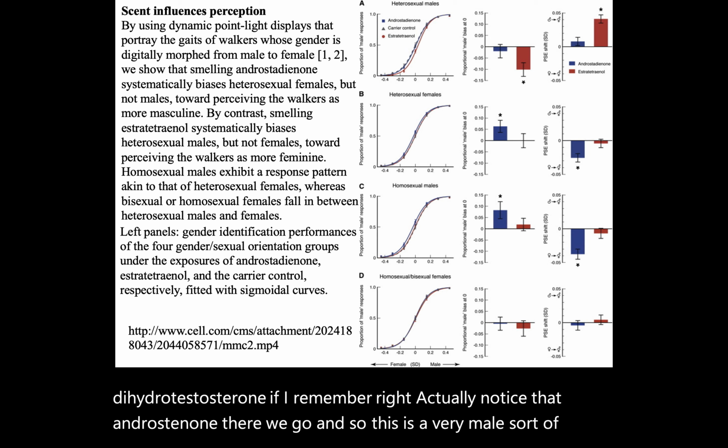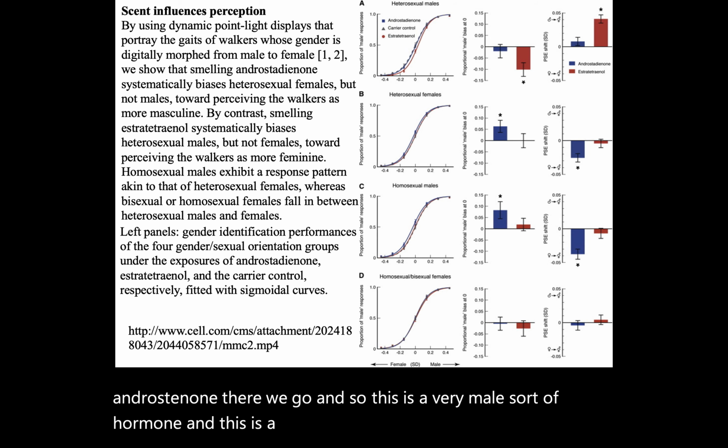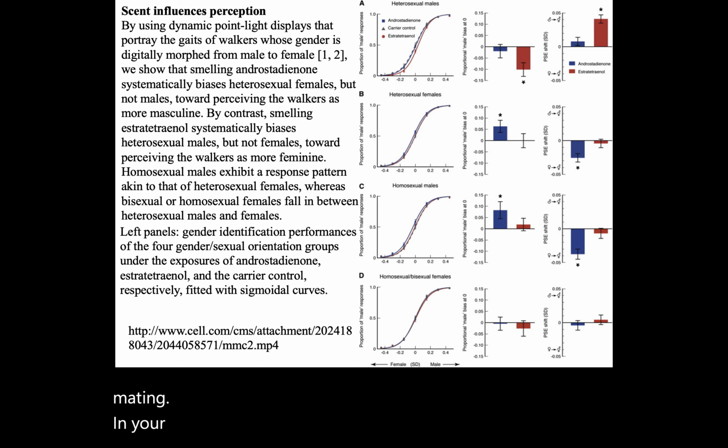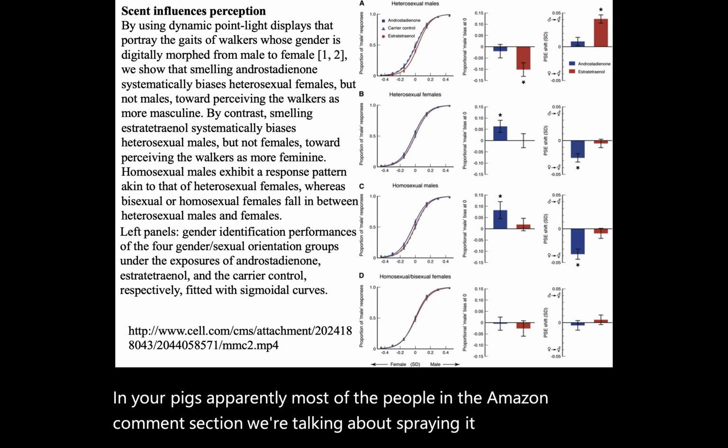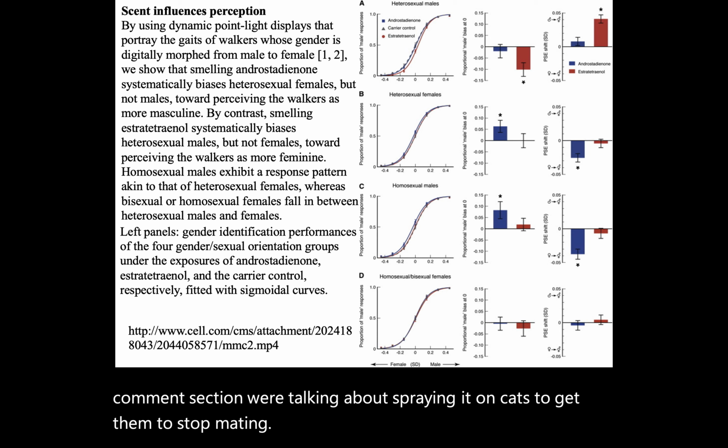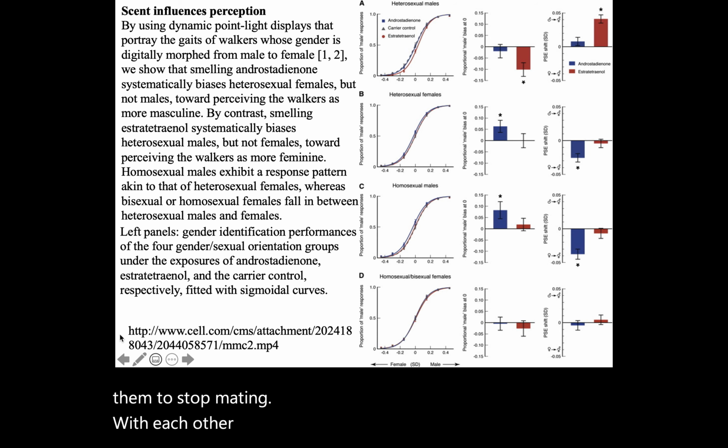And this is a potential thing you can use to induce mating in your pigs. Apparently, most of the people in the Amazon comments section were talking about spraying it on cats to get them to stop mating with each other or harassing each other. So, I don't know. Anyway, yeah.